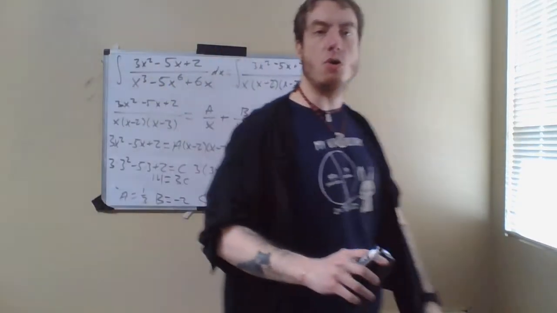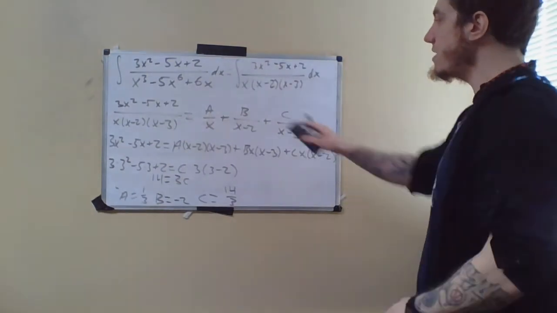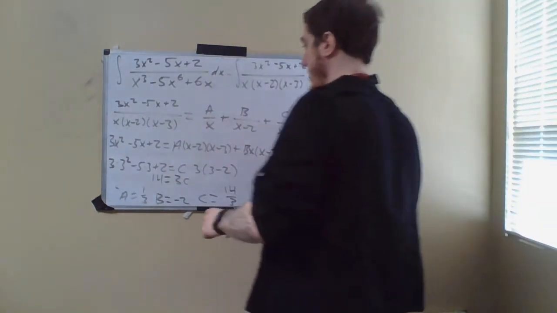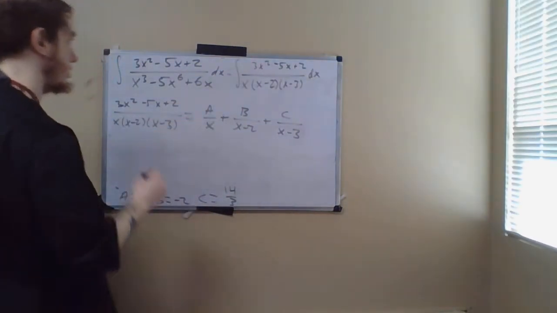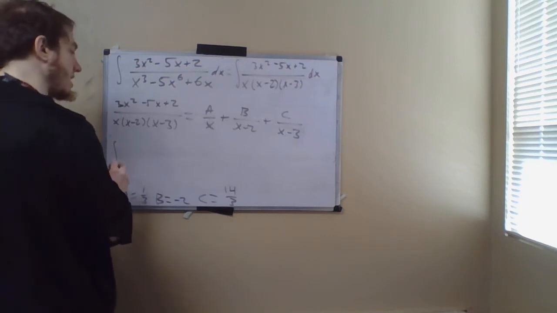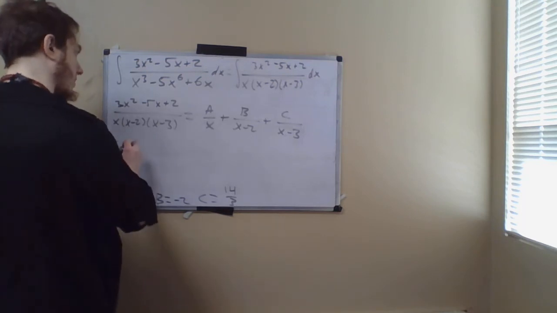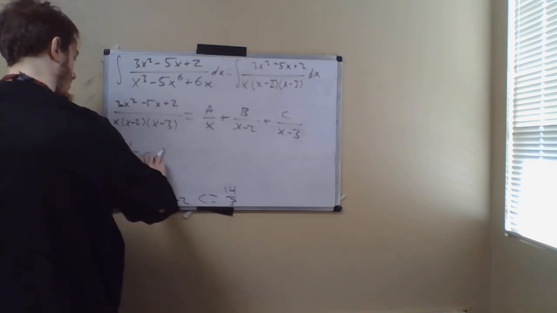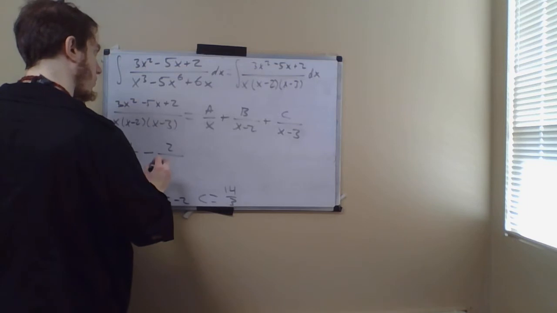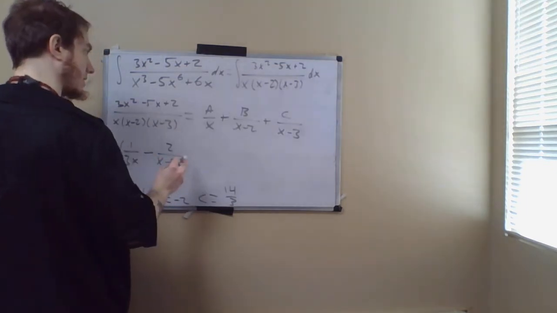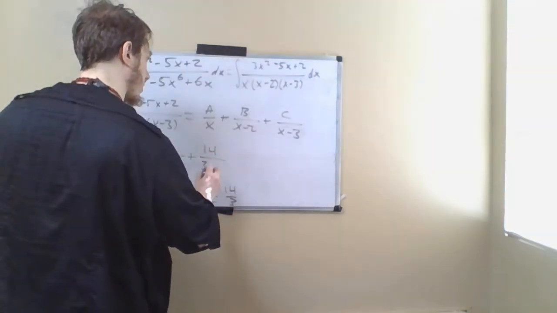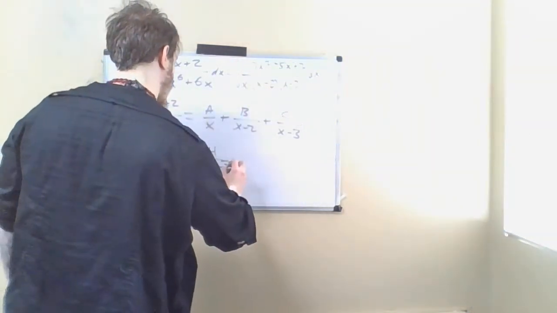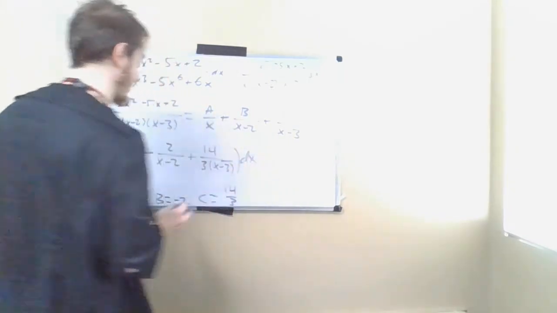And this is going to allow me to rewrite this original integral in terms of these fractions. So my integral is actually going to be the integral of 1 over 3x minus 2 over x minus 2 plus 14 over 3 times x minus 3 dx.